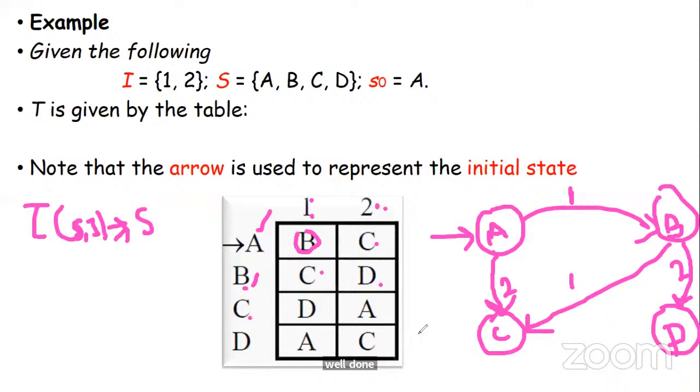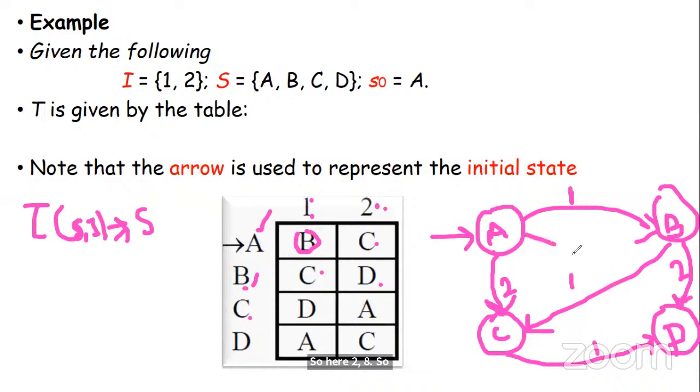The next one is C. You're on C, you receive an input of 1. You move to D. Then you're on C, you receive an input of 2, move to A. So let me draw this.